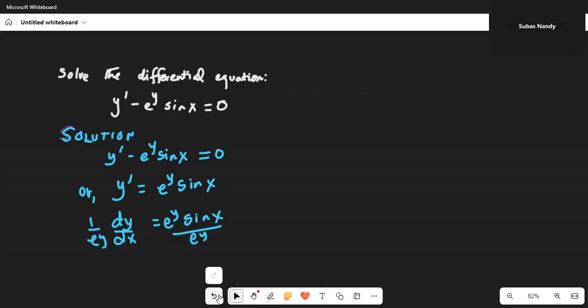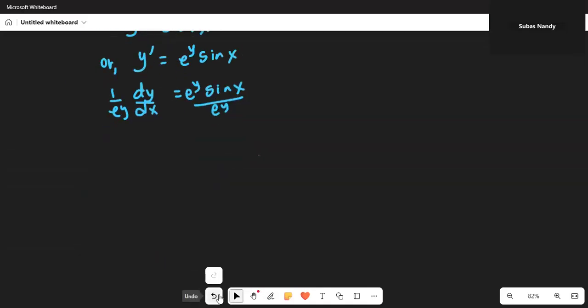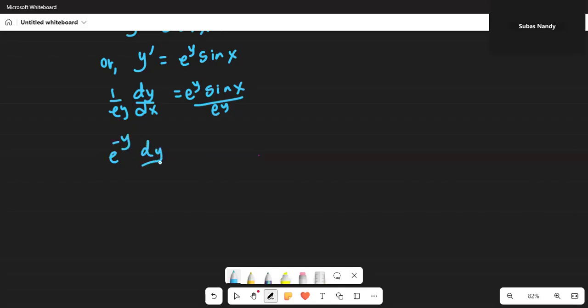On the left-hand side we will get e to the power of minus y dy dx is equal to sine x. Now we will multiply both sides by dx.